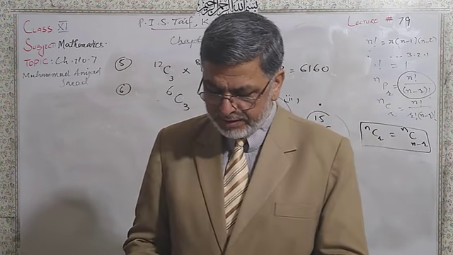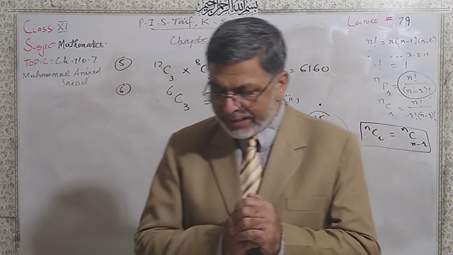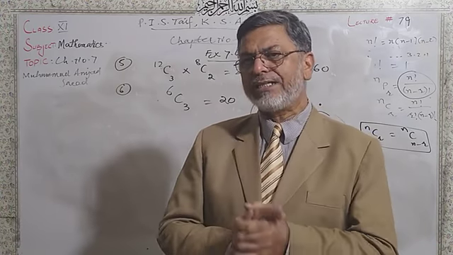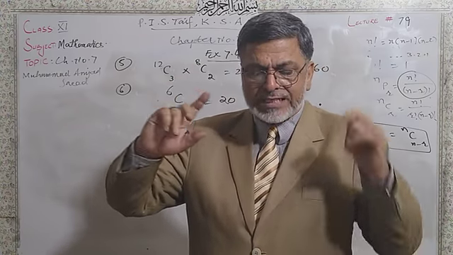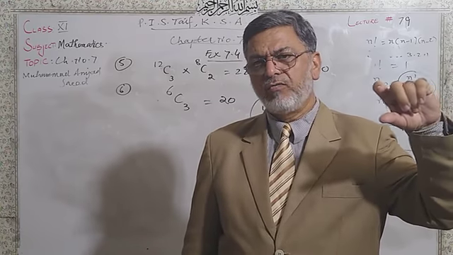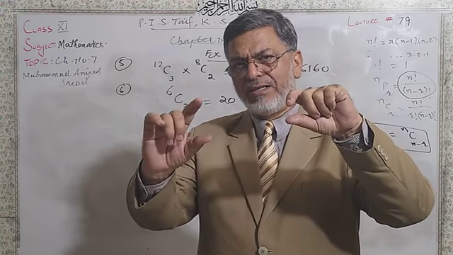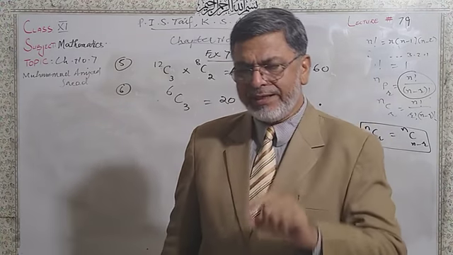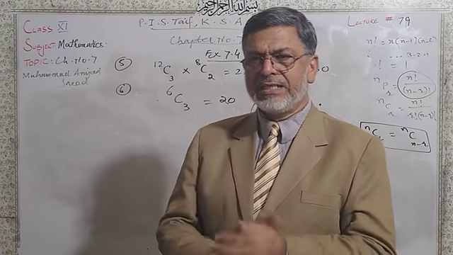Similarly, at the most 4 women. At the most 4 women means maximum up to 4. There is a possibility that you can take 4 women, 3 men; 3 women, 4 men; and 2 women, 5 men.